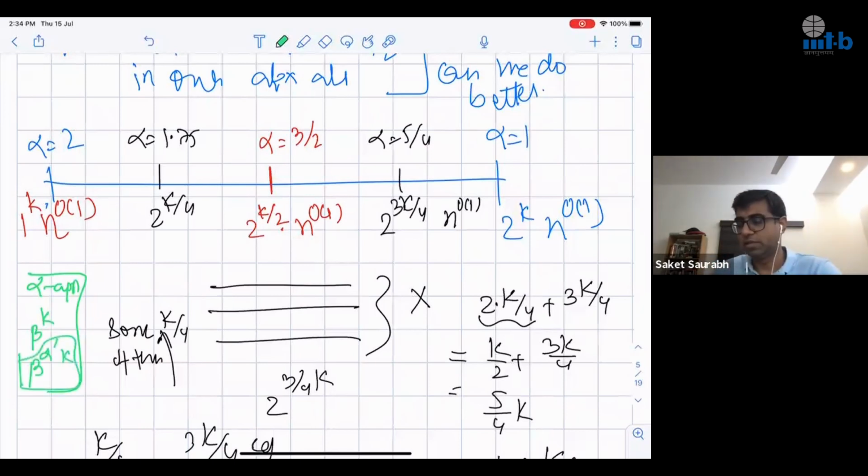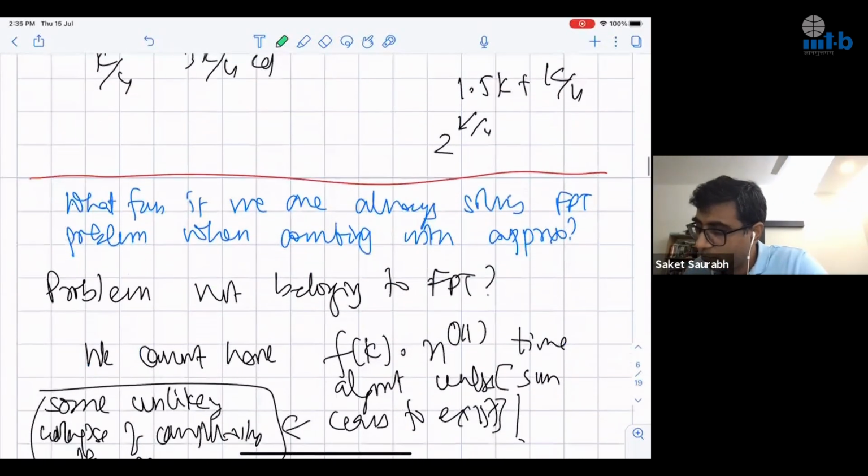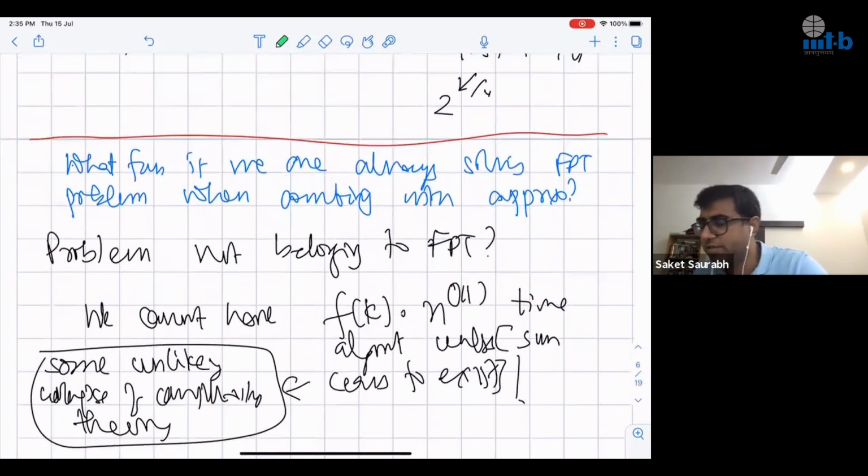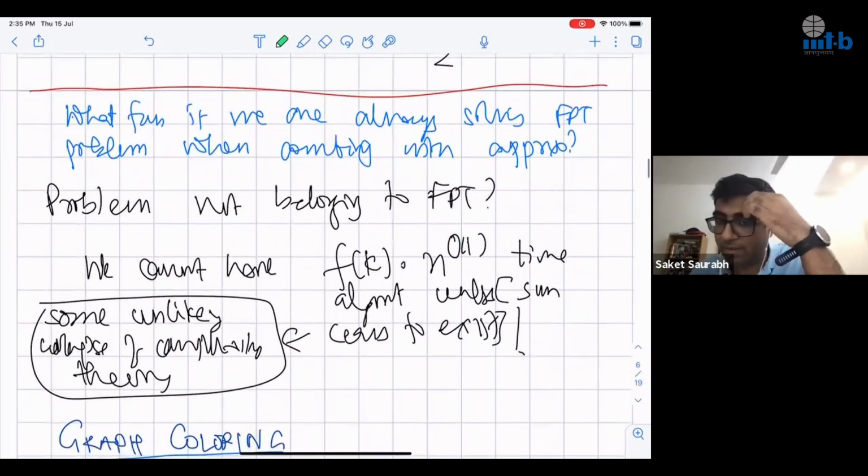You can compute this running time, and that's an interesting exercise in its own right. Then we noted that for a problem which is already FPT, it may not be that interesting for a lot of people: why are you doing FPT approximation? Nevertheless, people do, and I will point you to some other things in a minute.